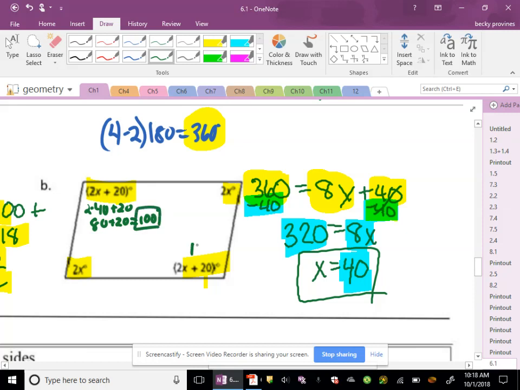Okay, so I know the opposite one here's 100 because they have the same equation. And then 2 times 40 is 80. And 2 times 40 is 80. All right, so we're finished. We found all the angles.